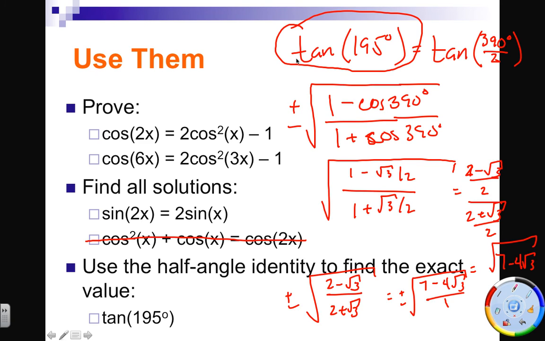Well, you have to look, what quadrant is that in? 195 is in quadrant 3, and tangent's positive, so I want the positive answer here. So you can never forget about quadrants. You always have to think about quadrants here, especially for tangent, because tangent's kind of goofy sometimes.